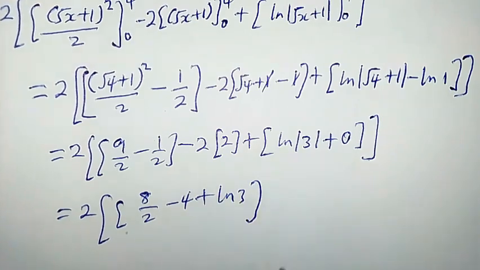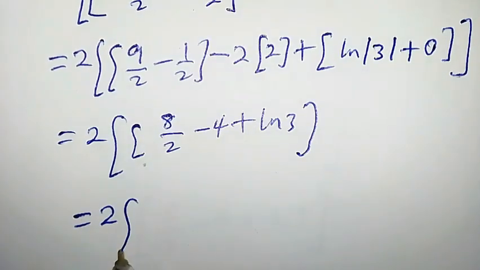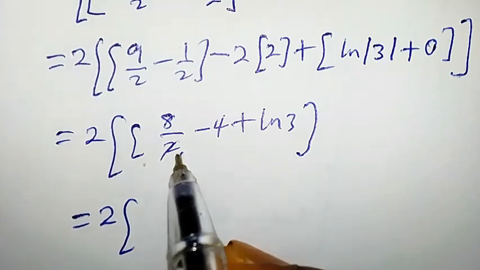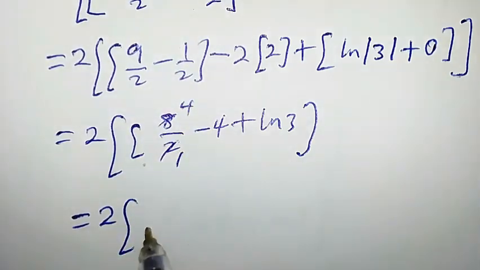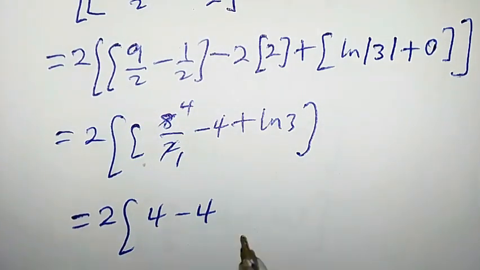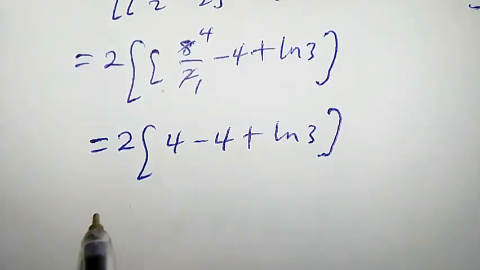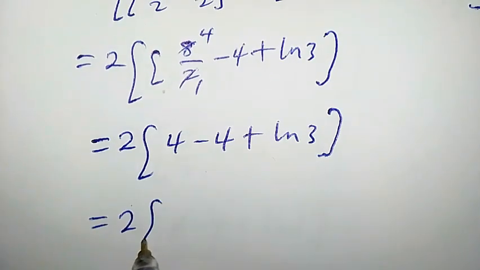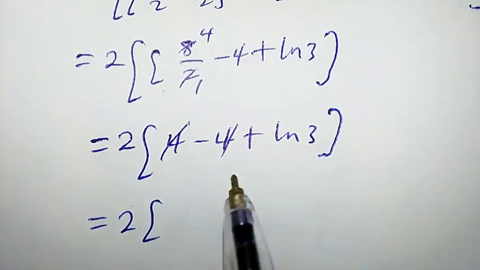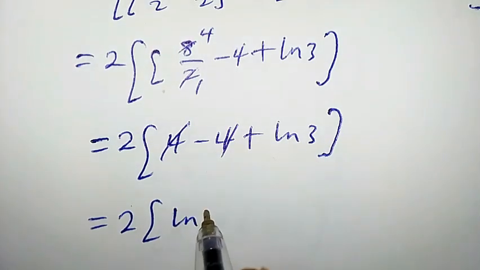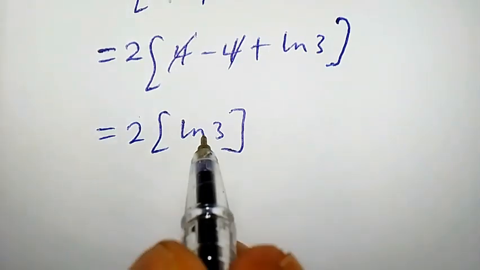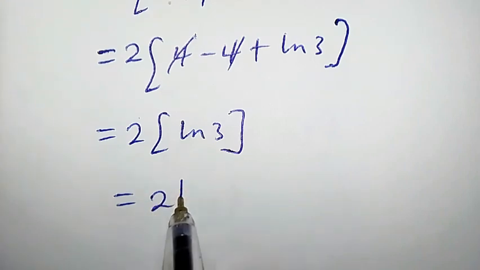Close the bracket. This is equal to 2 into, 2 in 8, that is 4. So we have 4 minus 4 plus ln 3. Close the bracket. This is equal to 2 into, clearly 4 minus 4 goes, we are left with ln 3. 2 times ln 3, that is simply 2 ln 3.